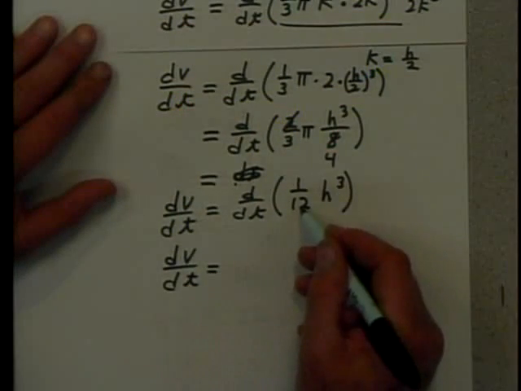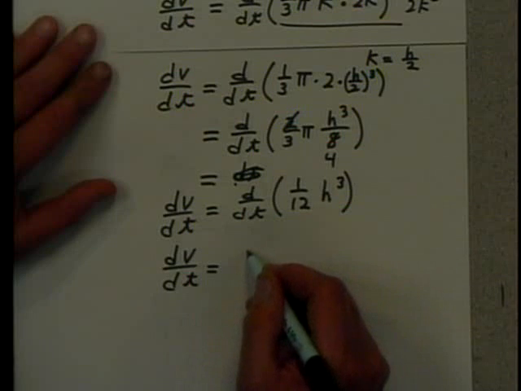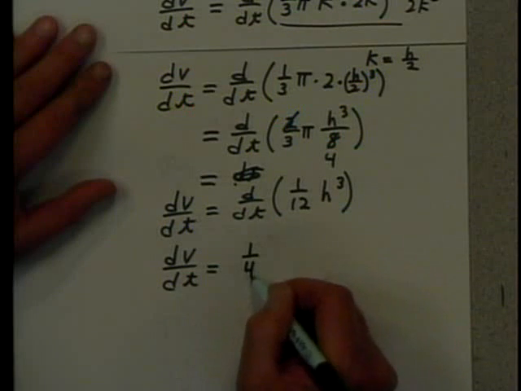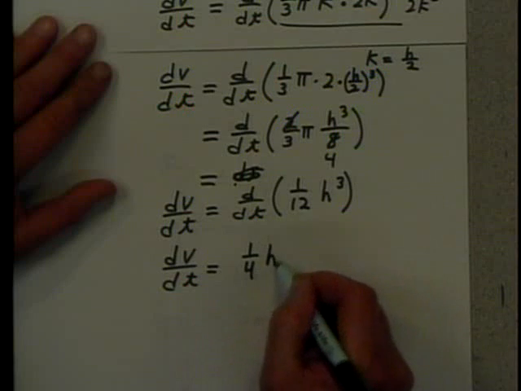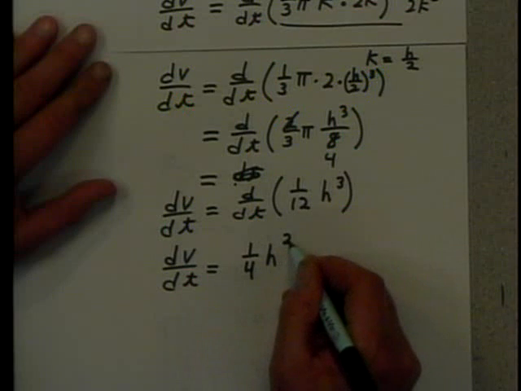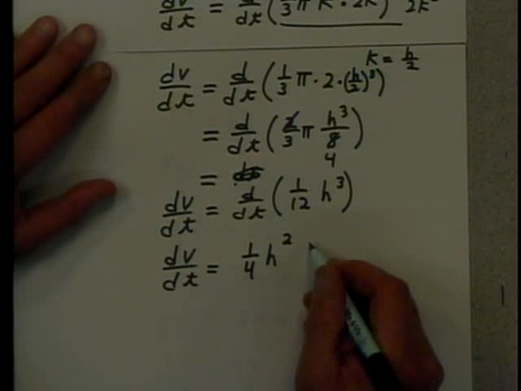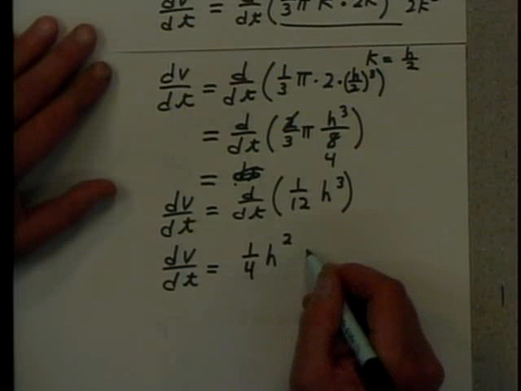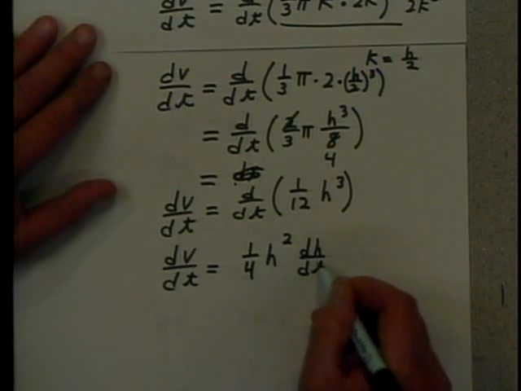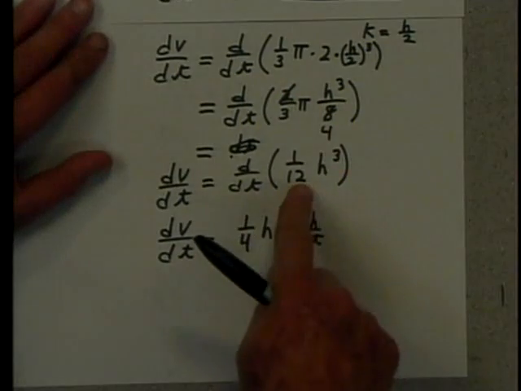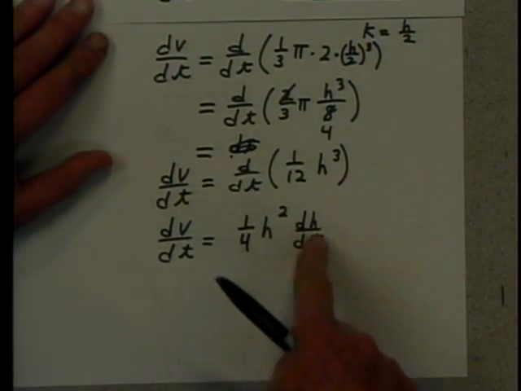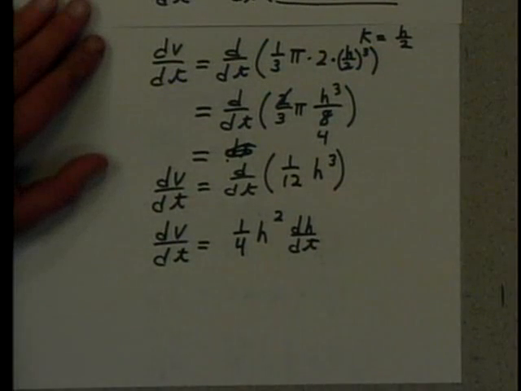If you multiply by 3, you get 1/4 h squared times dh/dt. 3 times 1/12, h to one lower power times the derivative of h.